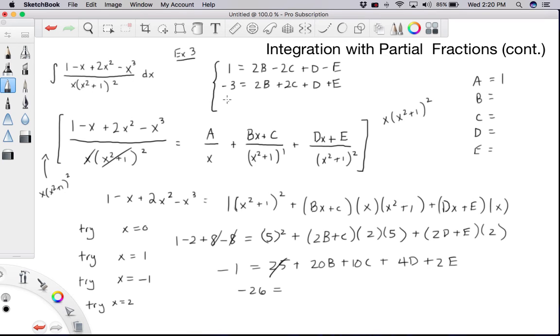So I'm just going to go up here and write this. Negative 26 equals 20b, 10c, 4d, 2e.